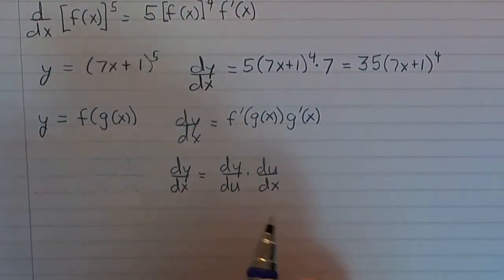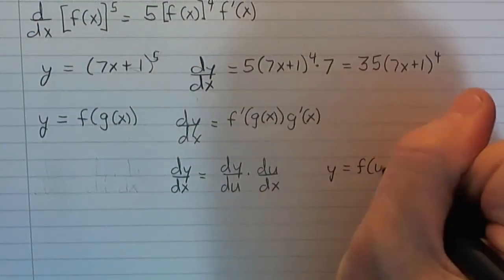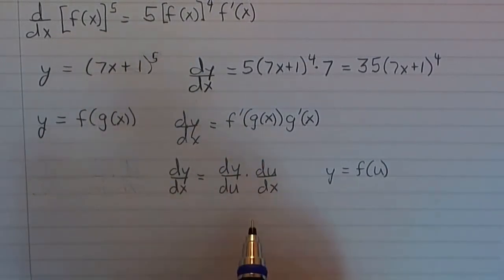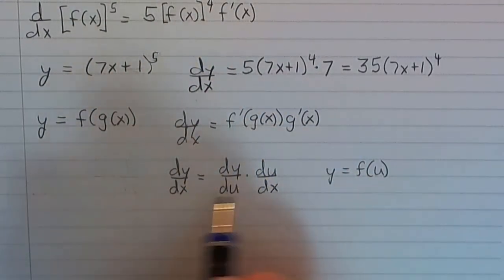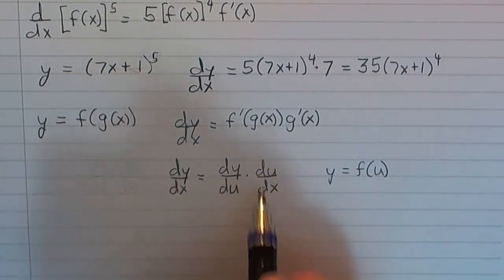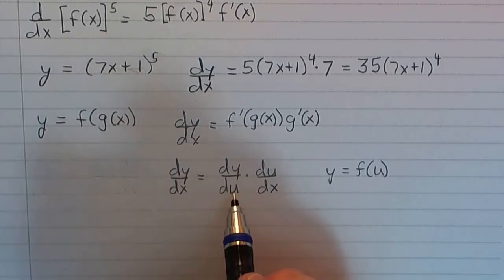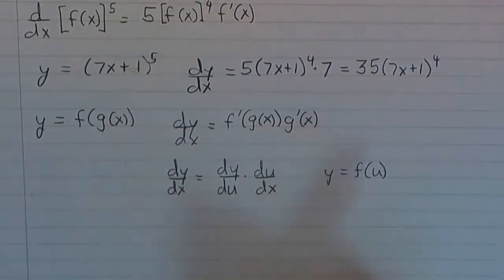Sometimes you'll see it this way, where you have y equals f of u. I prefer to write it the other way. The cool thing about Leibniz notation is it behaves like a fraction. So dy over du, du dx, the du's cancel. It makes it easy to remember what's going on.